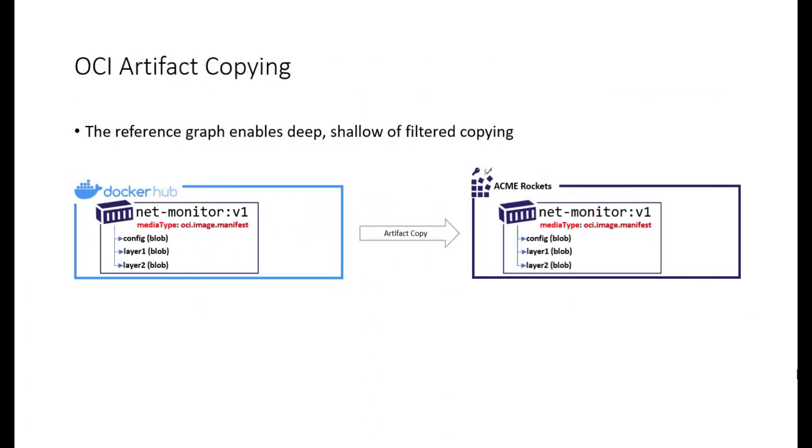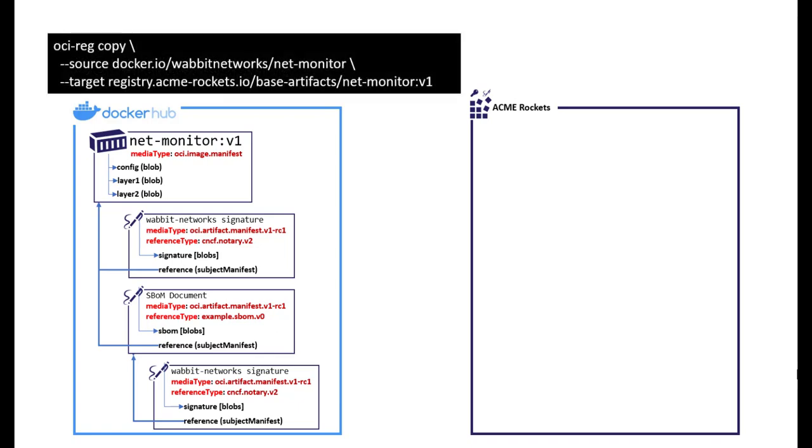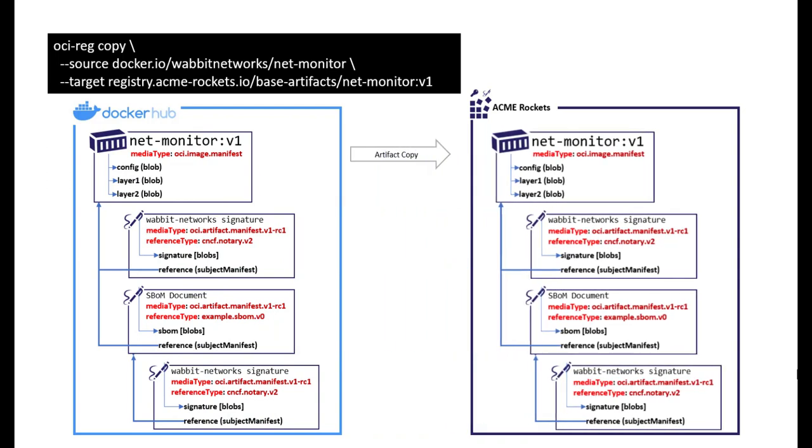We know how to copy an image and the layers and the config because that's defined by a manifest. Because we have these reference types now that can define relationships between manifests, I can actually create another OCI registry command that would copy the graph of artifacts across as well.